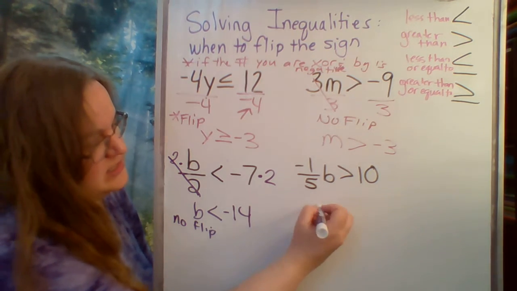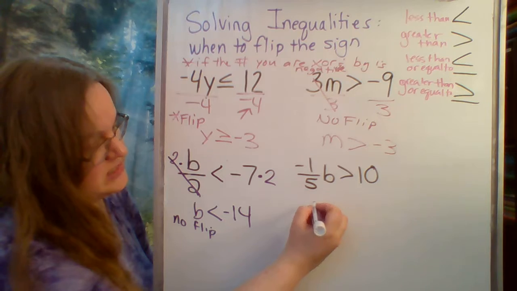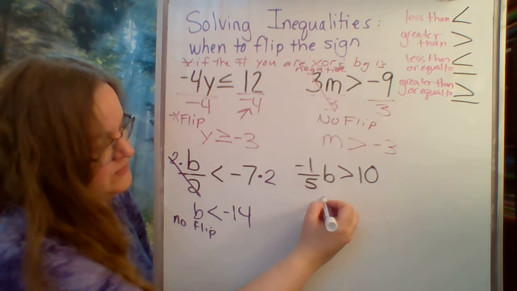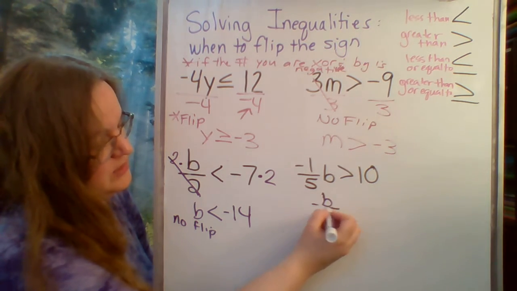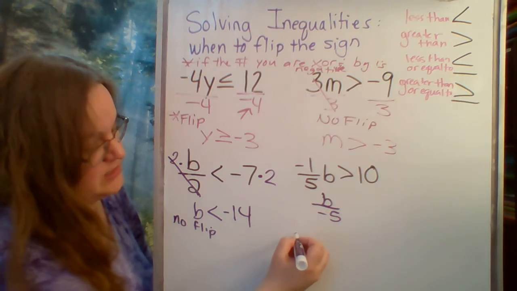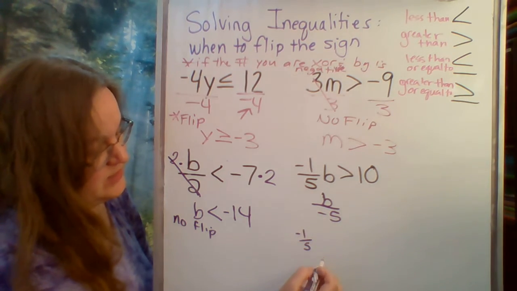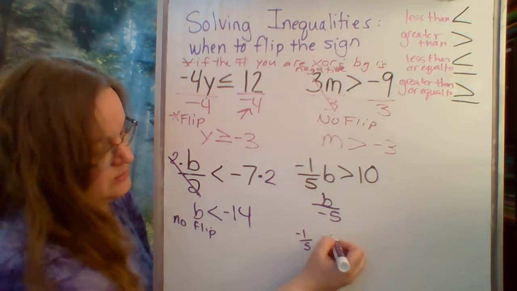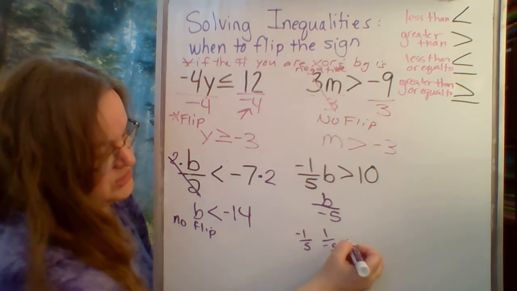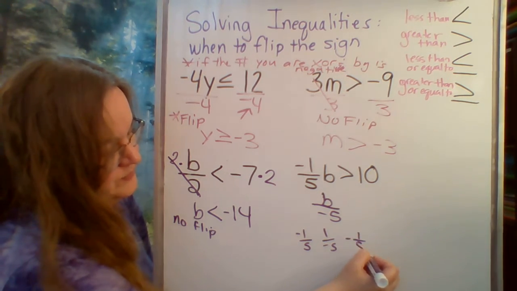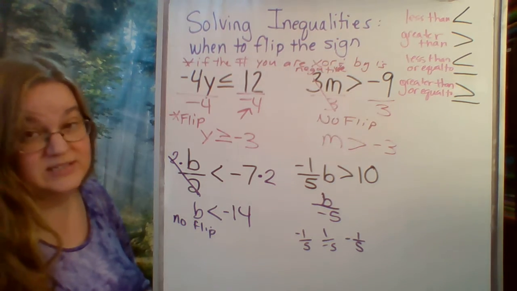Remember, for this one you can put the b over -5, because -1/5 is the same as 1 over -5. They all mean exactly the same thing.